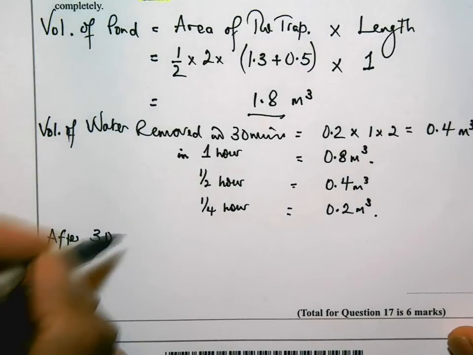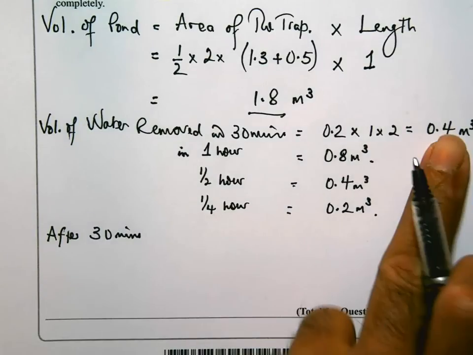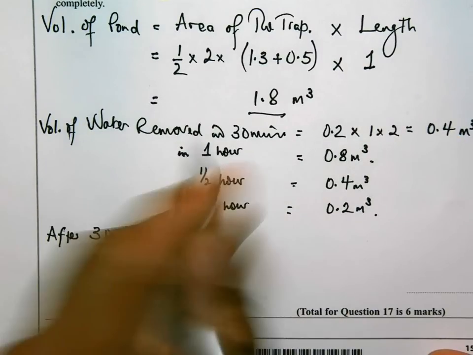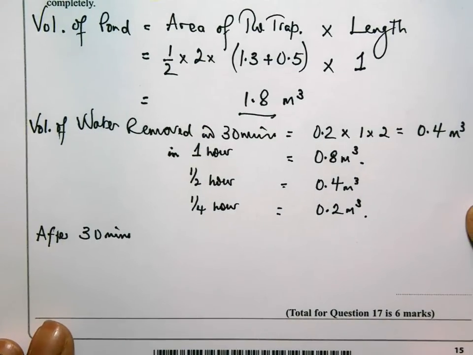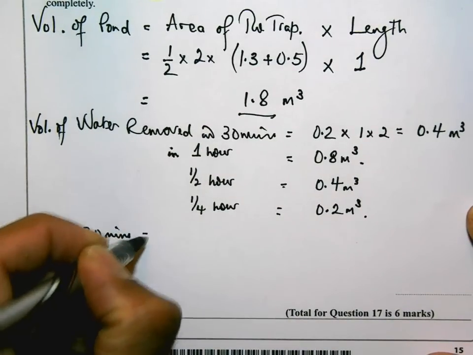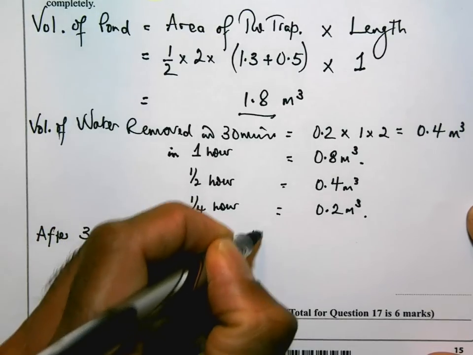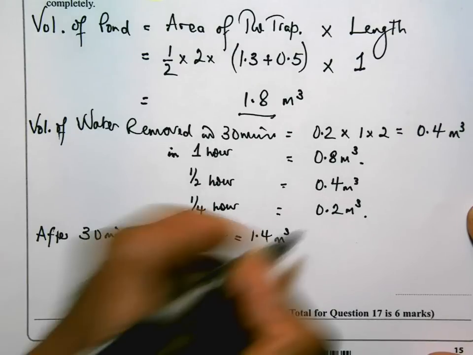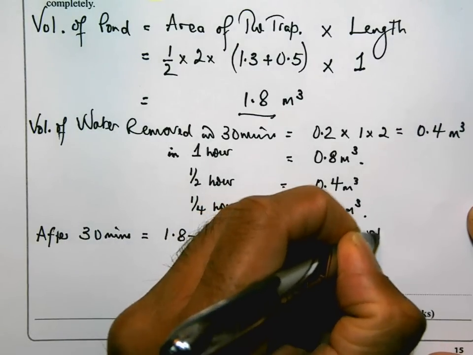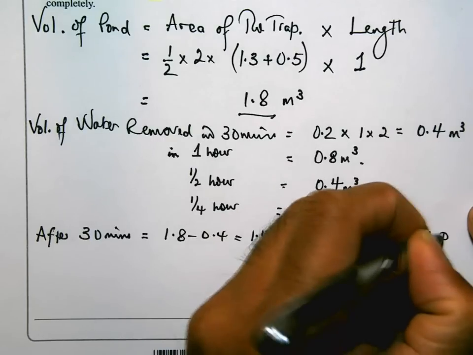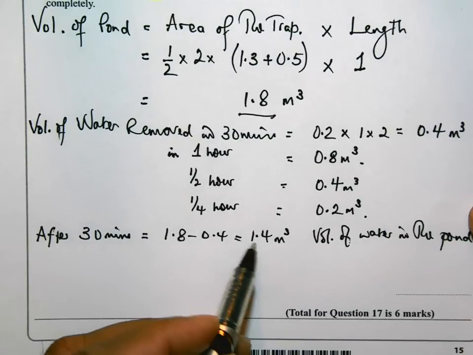Well, they've removed 0.4, so given that the volume of the pond altogether was 1.8, after 30 minutes, you're going to have 1.8 take away 0.4, which is 1.4 meters cubed, is the volume of water in the pond. How long would it take to remove 1.4 meters cubed of water from the pond?